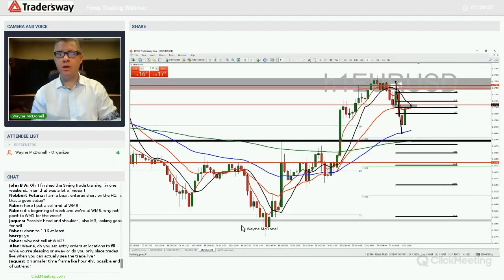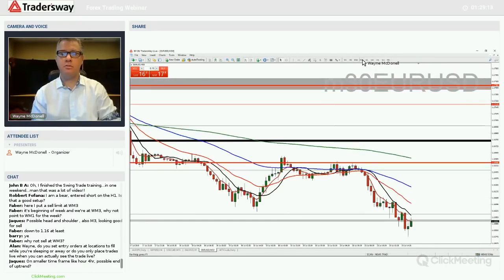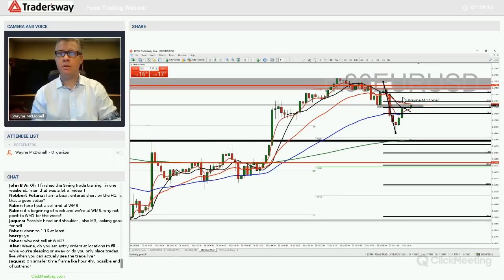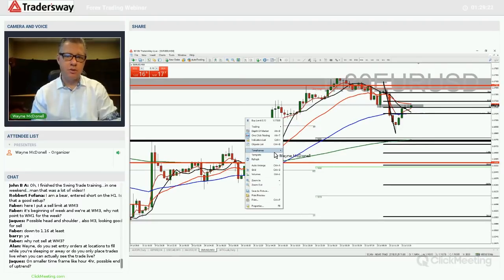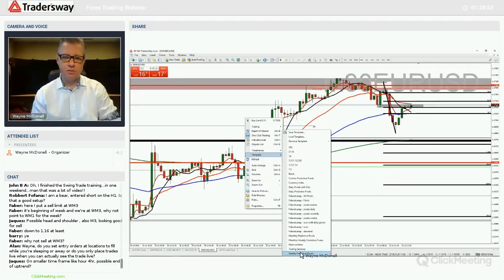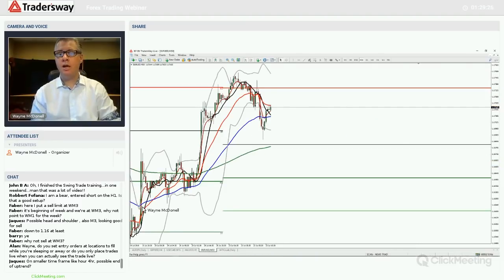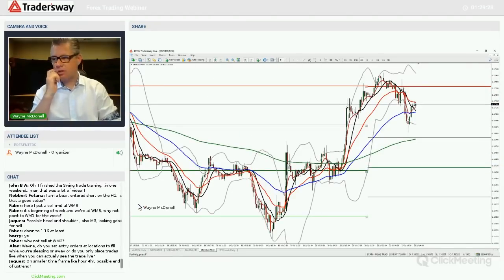Well, that's basically what I was saying earlier. That already occurred. I mean, it's all the same thing, guys. So let's just now put on weekly here, template weekly. That's already been established.